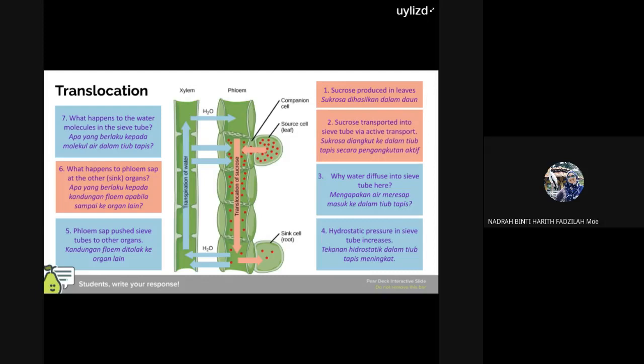I suspect because the xylem is lignified, the pores only allow water and things that dissolve in water to enter the xylem. But I have to study again. Why can't sucrose enter the xylem? That is a good question. I'll study first.